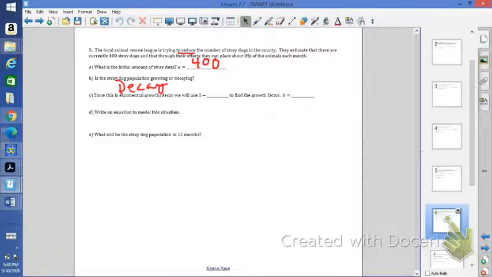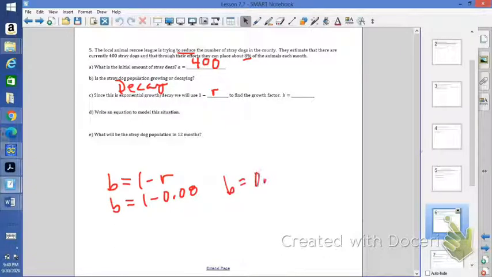Alright, since this is exponential decay, we're going to use 1 minus r to find the growth factor. So b equals 1 minus r. b equals 1 minus, our rate is 8%, so it's going to be 0.08. So 1 minus 0.08 gives us a b of 0.92.